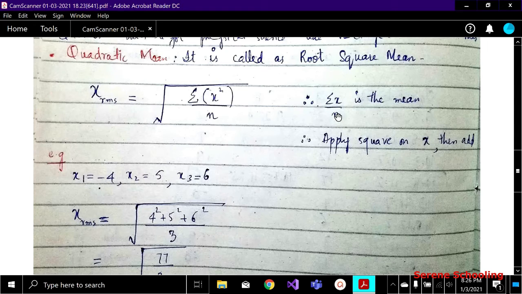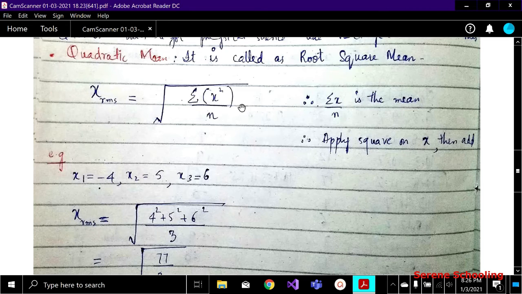But here we do what? We take the root, and then we take the square of the data values. Here you can see x was not squared, but here the x is squared. After squaring all the x's, we take their sum. Remember one thing, this square is just on x, not on the complete sum.